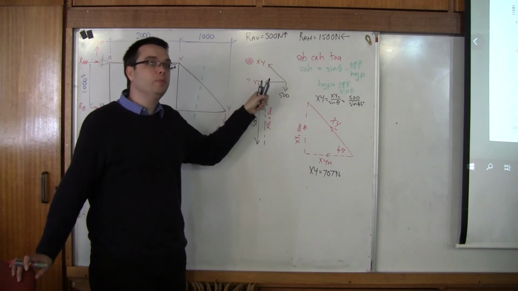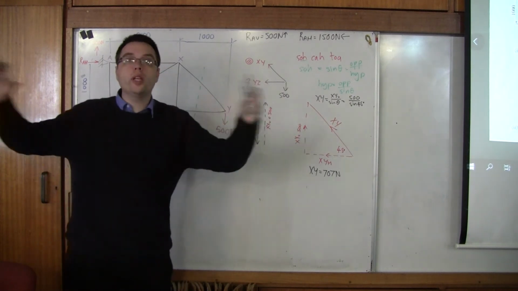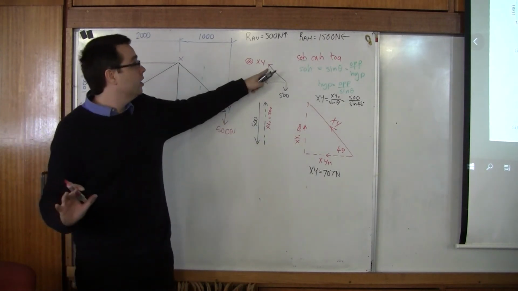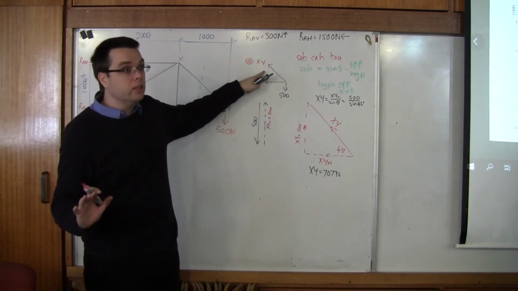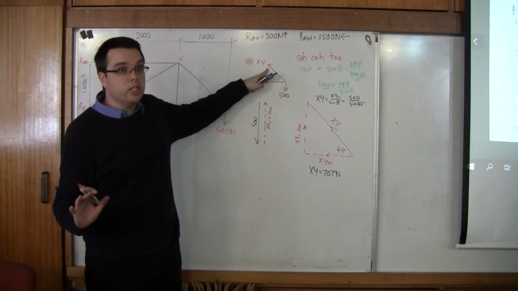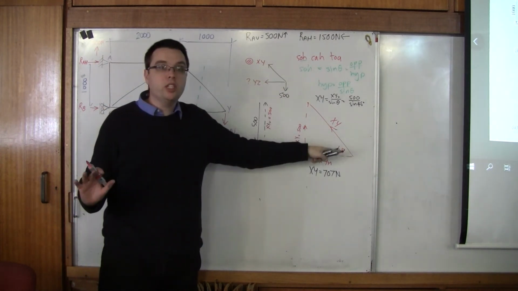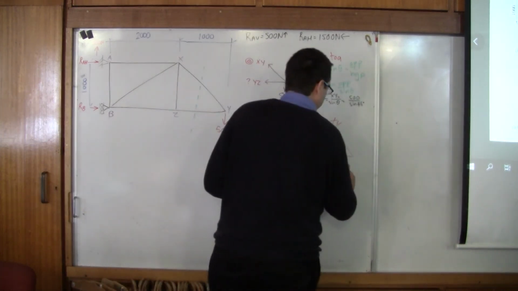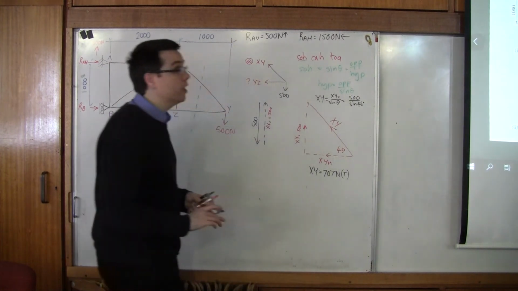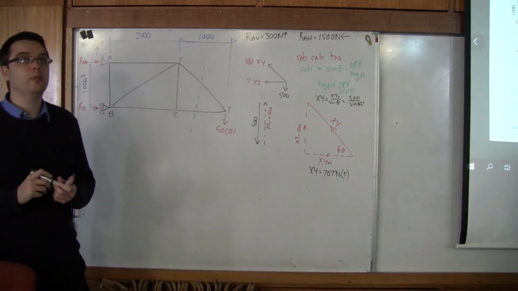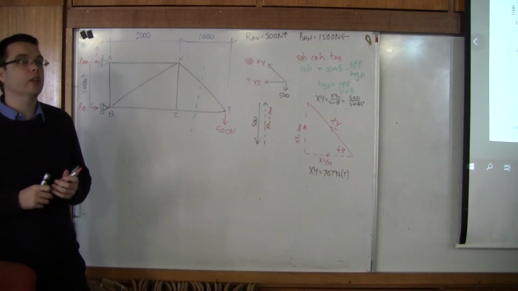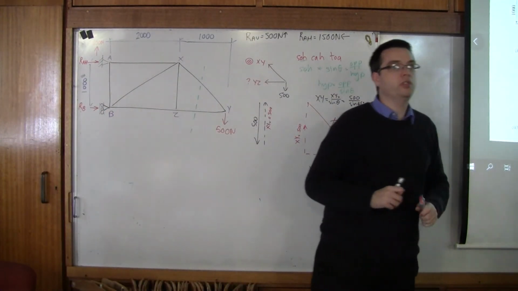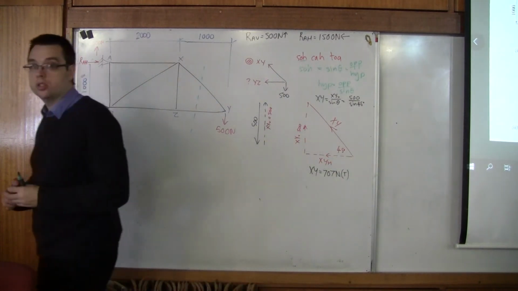We always assume tension, we always assume we're pulling out. If it matches our assumption, it means this was in tension. For 2 marks each, that's pretty generous. These days, you probably have to do more for that mark. They'd probably ask you to calculate the angle, or ask a more difficult question.